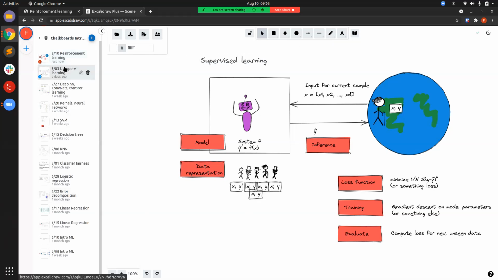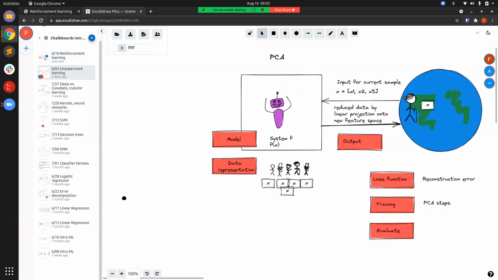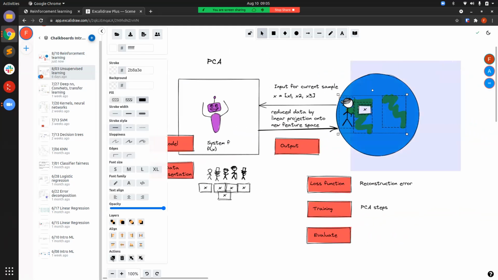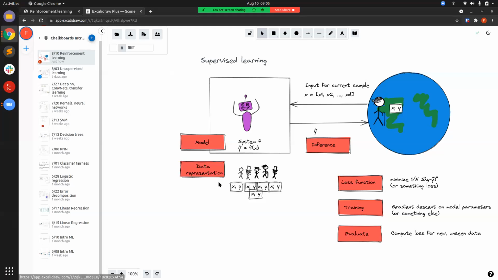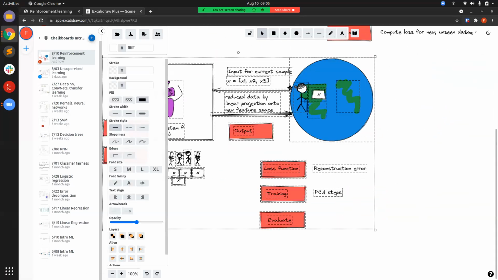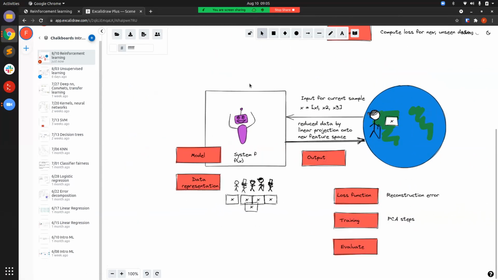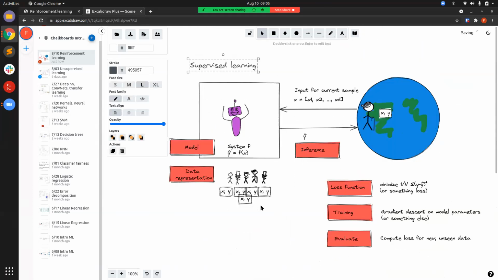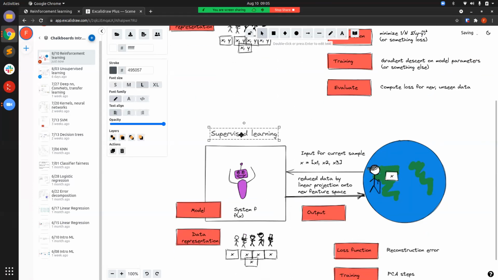Then for unsupervised learning, we had something slightly different. So here's an example of an unsupervised learning algorithm. This example was for PCA specifically, so let's make it a little more generic.